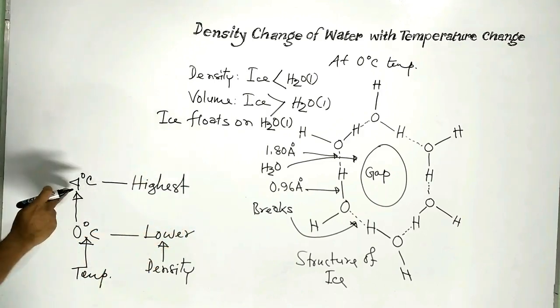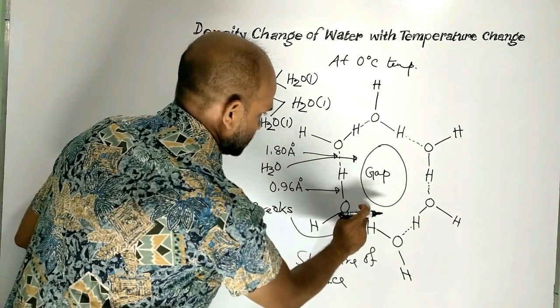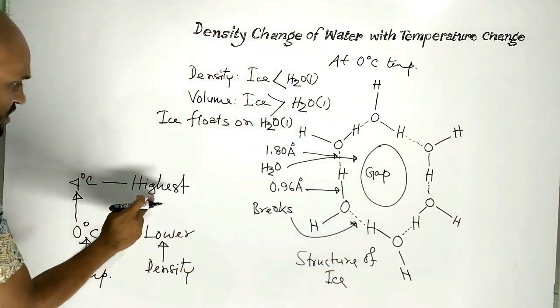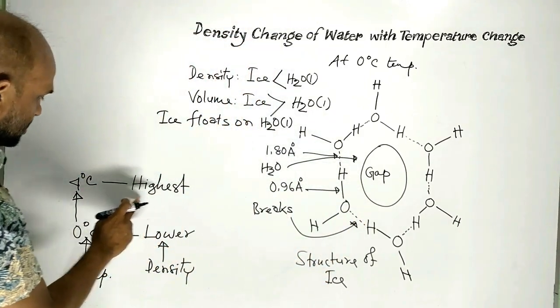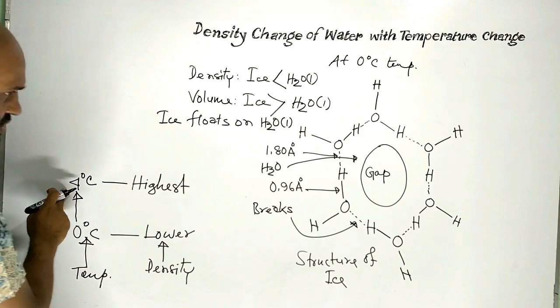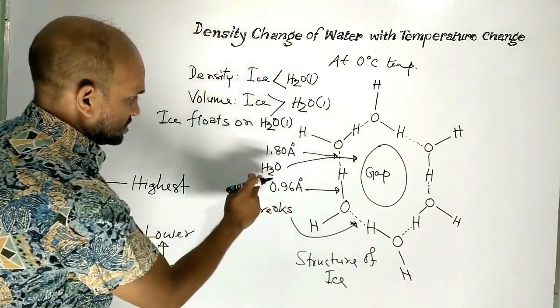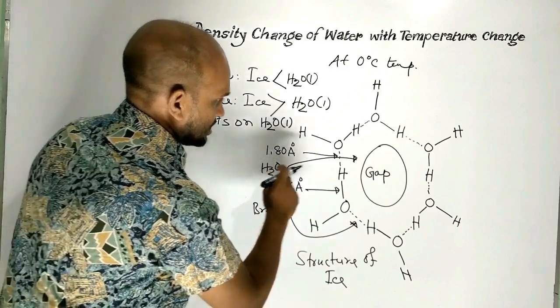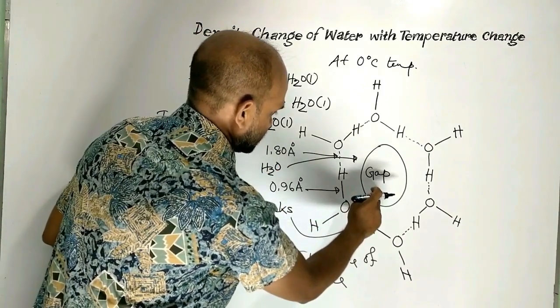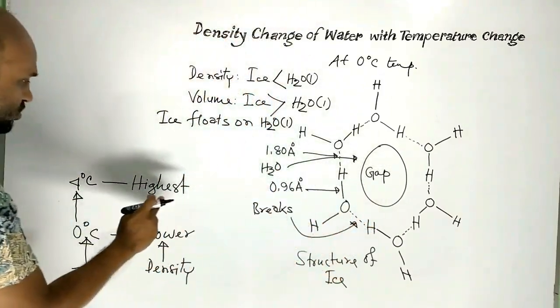So, at 4 degrees Celsius temperature, density of water becomes highest because at this temperature, hydrogen bonds break and water molecules enter the gap.